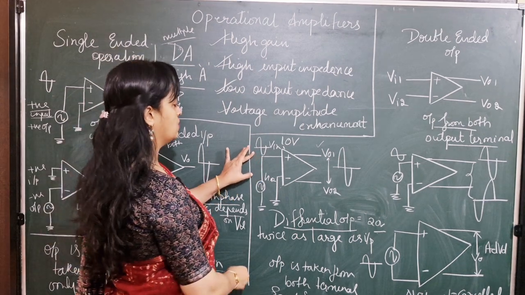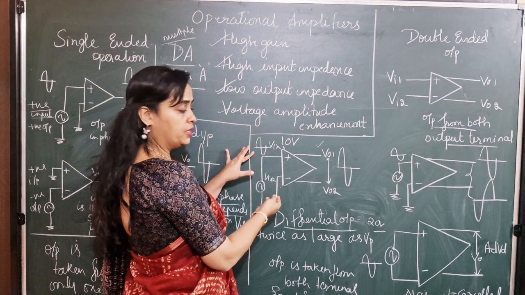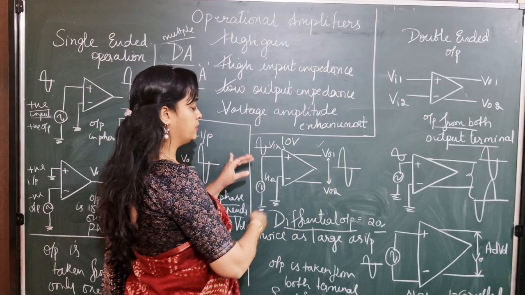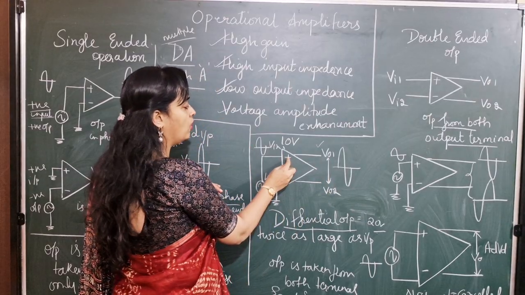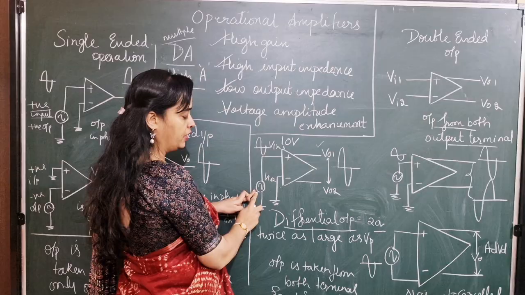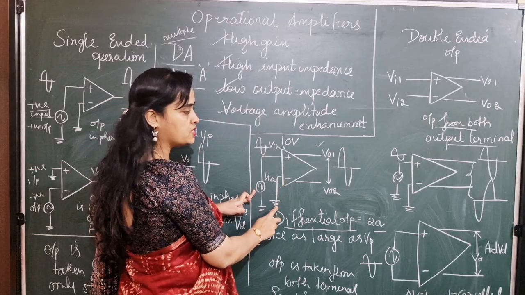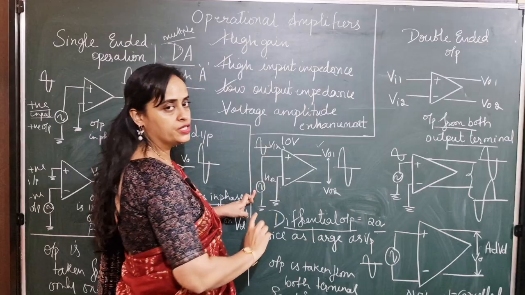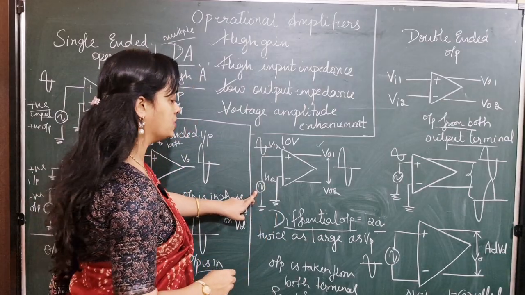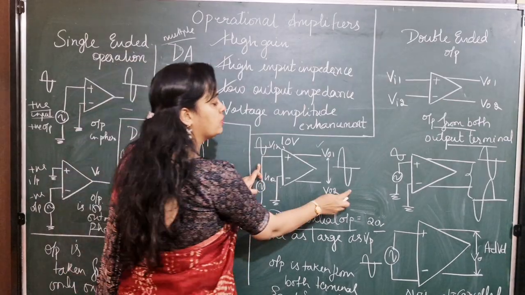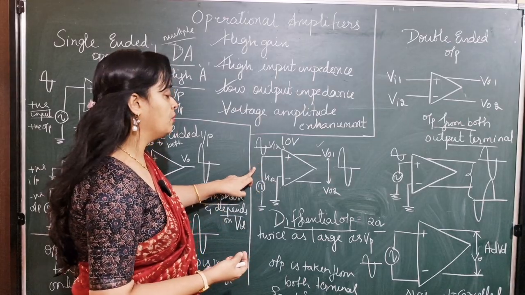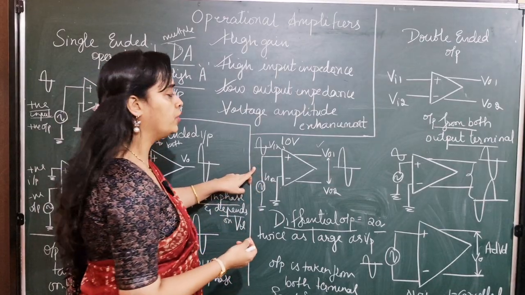In this case, the input is applied to the non-inverting terminal, whereas the inverting terminal is grounded, but still the output is taken across both terminals. Let's see what happens. In this case, whatever output is obtained will be twice as large as the input. So let's check how this happens.